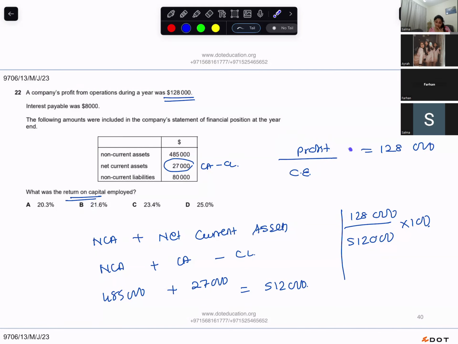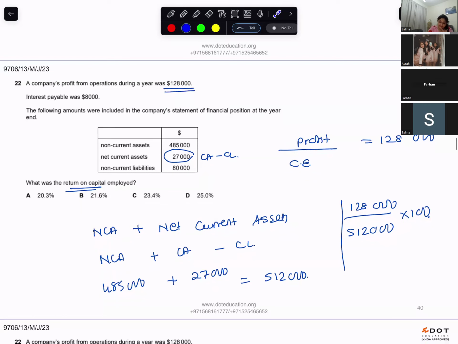Capital employed you get by the formula total assets minus current liabilities. Net current assets is current assets minus current liability. This is 512,000.